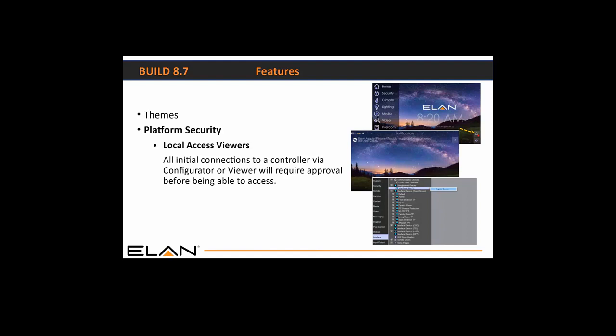It can happen in the configurator, so register device, or there's a new notification in the viewer. So if you had an ITP in there and someone connected, a guest came in with their phone and they try to connect, this will pop up. It won't show all the time. It'll pop up with a little red indicator and say, do you want to let this guy on? And you can say yes or no. So that is new security for the platform.